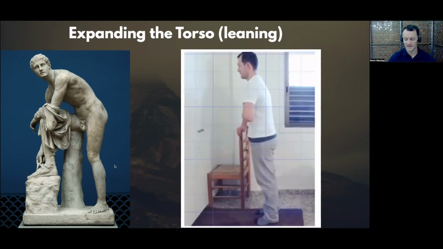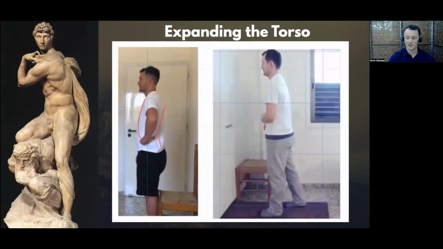So Delsarte was looking, I don't know if he was looking at this one, but he was looking at statues like this. Here's another one. This is Michelangelo. It's called Victory. Michelangelo's obviously copying older ones, I think. But still, you'll see here, it's the same model. It's got the more or less straight lower and middle back. Obviously, they've got big glutes, a lot of these ones.